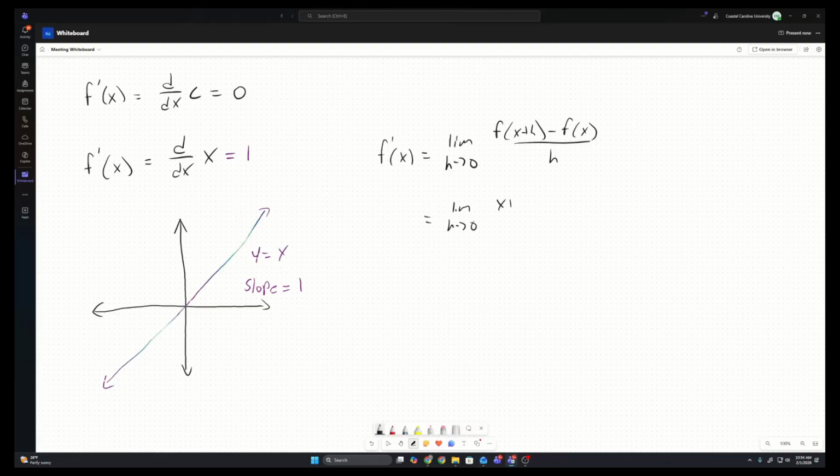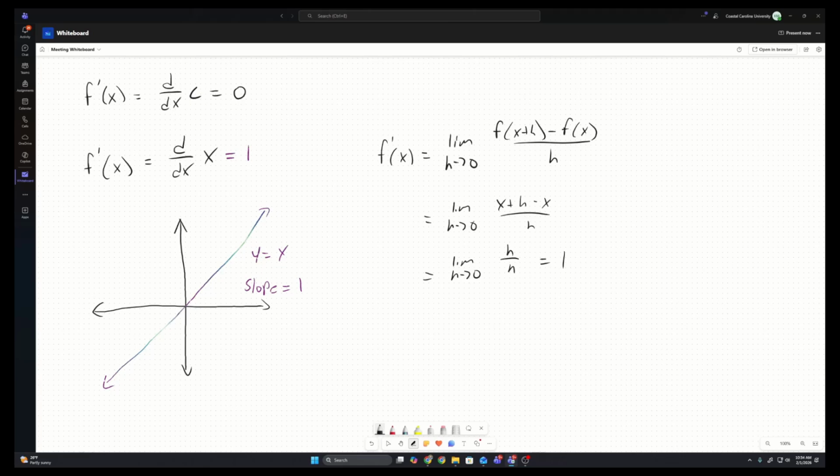You have x plus h minus x all over h. The x's cancel, so you get h over h. Guess what? That equals 1. So whether you look at a graph and see it's a constant slope, or whether you use the limit definition of the derivative, both give a similar result.